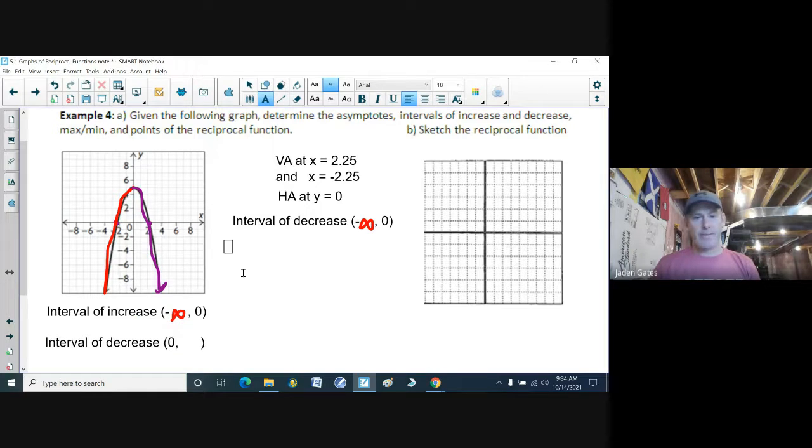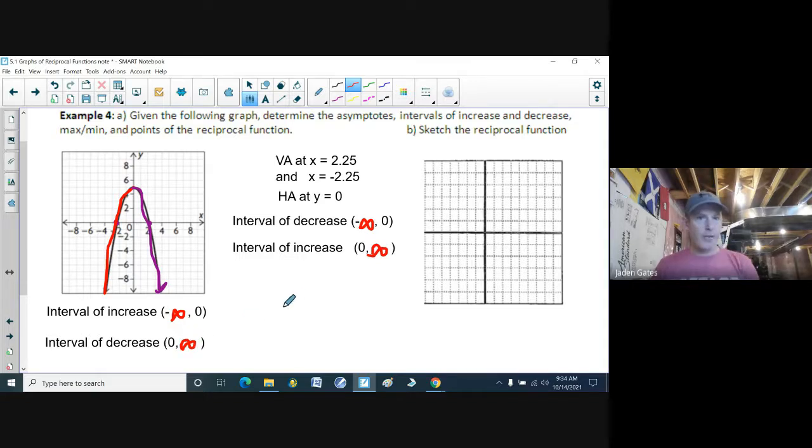Flip side of that, that is going to be the interval of increase for our reciprocal. Everything's the opposite. From 0 to infinity. So let's throw some infinities in there. There we go.